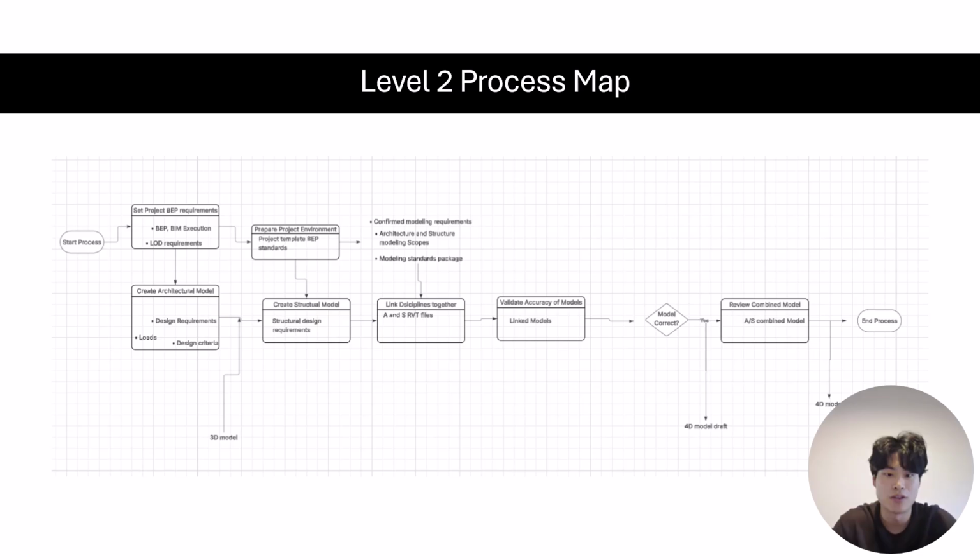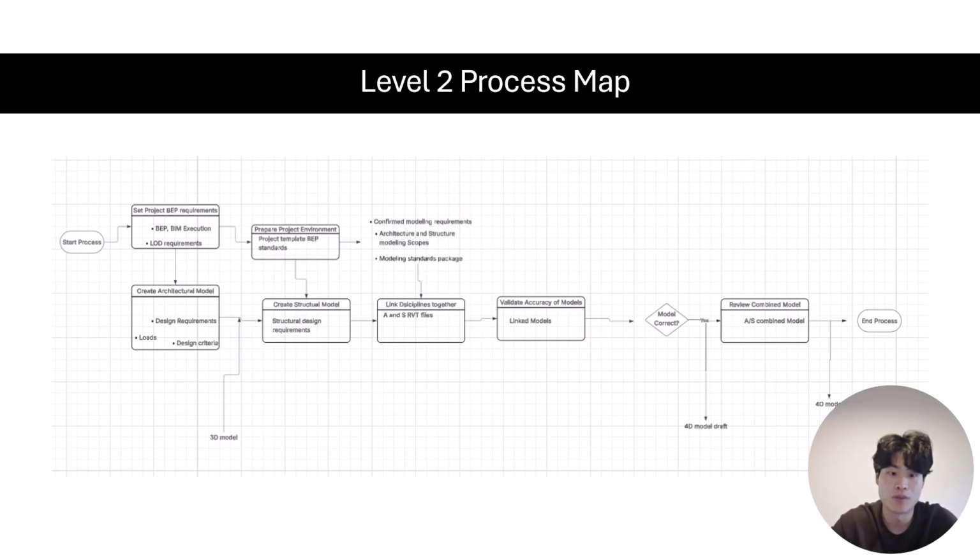And then it goes on over to creating the actual architectural and structural model. And those inputs require design requirements, loads, design criteria, and then structural design requirements. And then it goes on over to linking the two disciplines together.